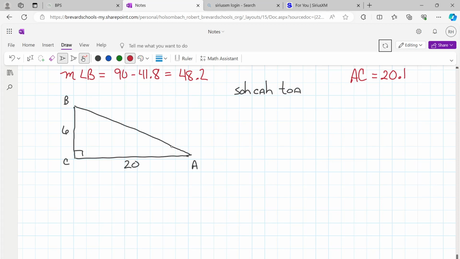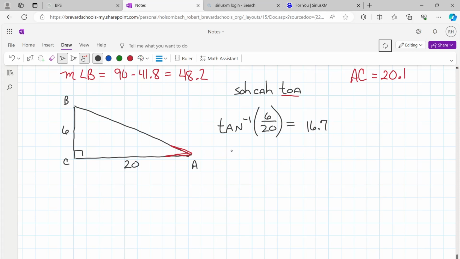And in relation to angle A, the two sides that are given are opposite and adjacent. Opposite and adjacent is tangent. So inverse tan of the opposite side over the adjacent side is equal to, so 6 divided by 20 equals, and then second tan equals 16.7.